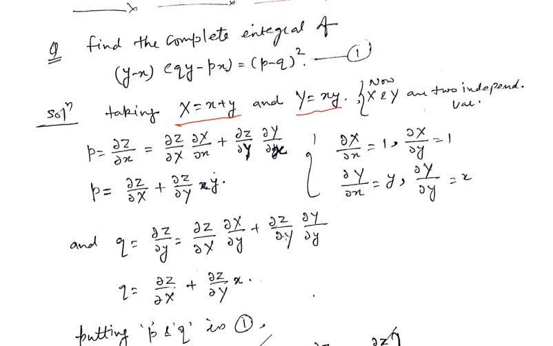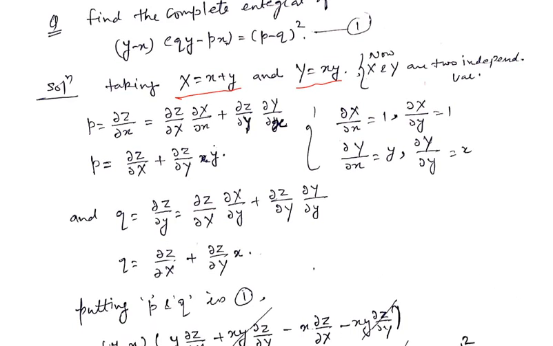So we will use this relation here. Then we get P is equals to del z upon del capital X plus del z upon del capital Y into y. Similarly, we get Q, which is del z upon del y, is equals to del z upon del capital X into del capital X upon del y plus del z upon del capital Y into del capital Y upon del small y. So it becomes Q is equals to del z upon del capital X plus del z upon del capital Y into x.